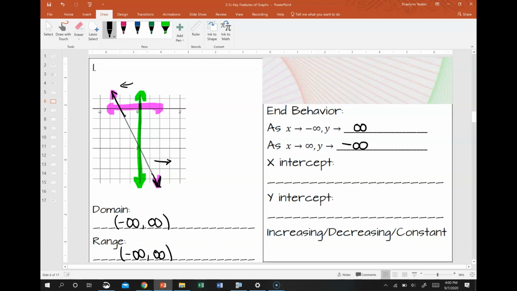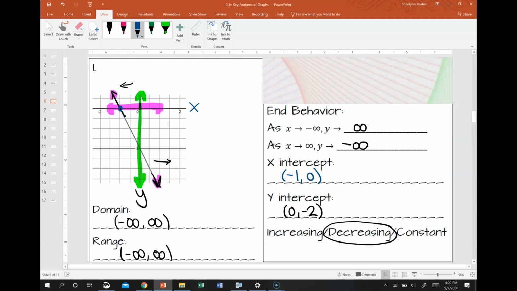Well, as x goes up, y goes down. So this is decreasing. Okay, my y-intercept, since apparently we're going backwards, is this point on my y line. So it's (0, -2). And my x-intercept is on my x line. It's right here. It's going to be (-1, 0).